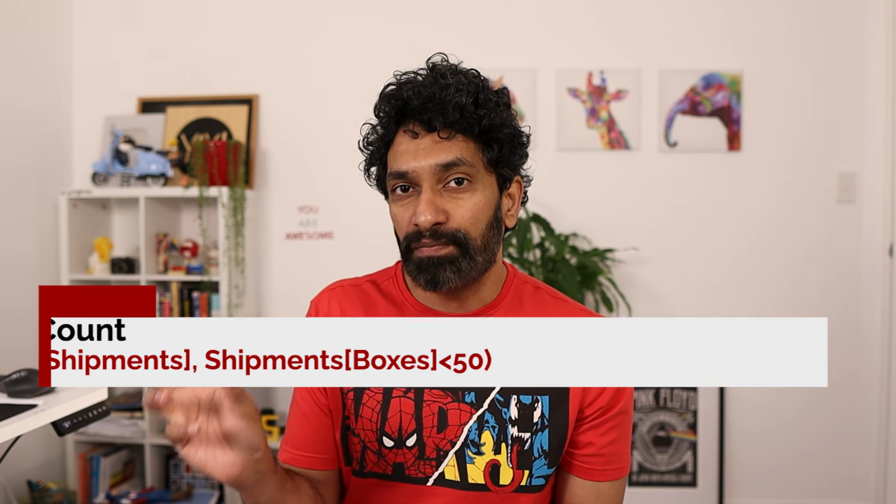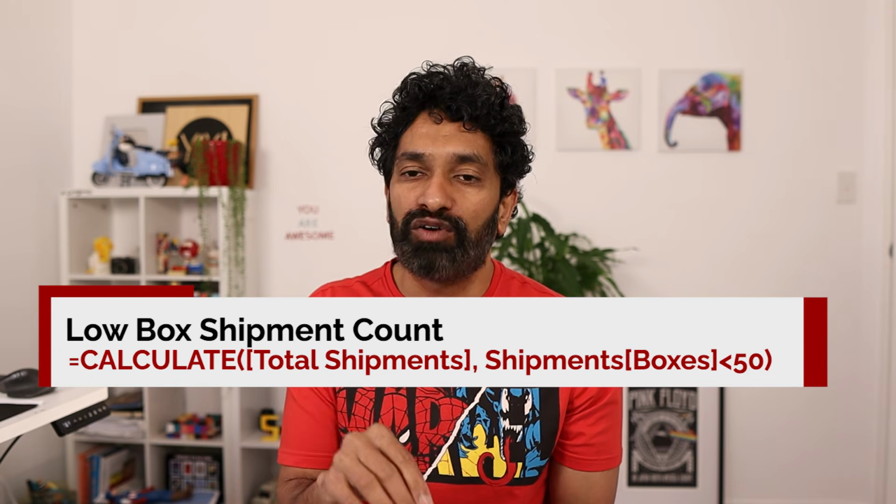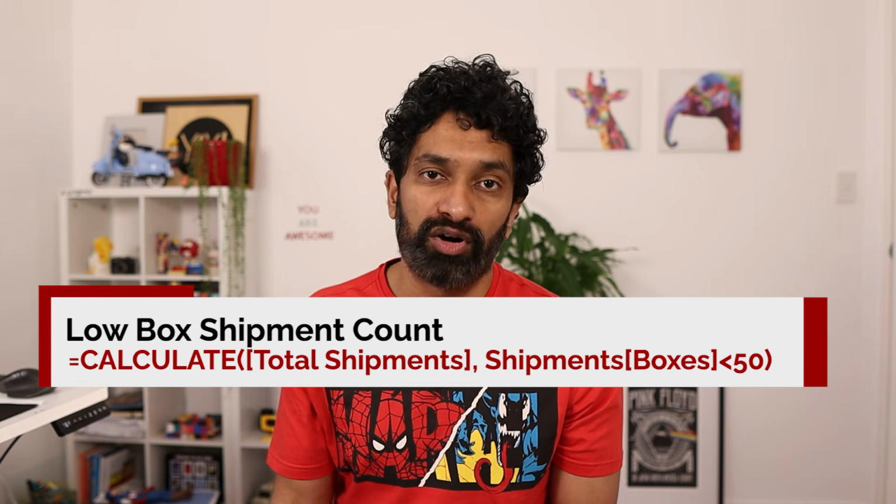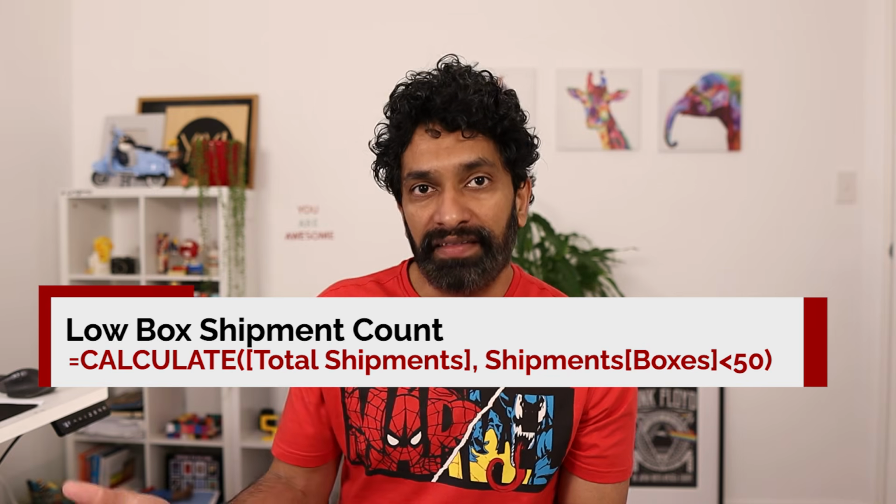So I used a DAX formula on shipment count along with the CALCULATE formula to introduce an extra filter to calculate how many low box shipments there are. And then I again was able to visualize this by product or by salesperson to understand who is sending more low box shipments.